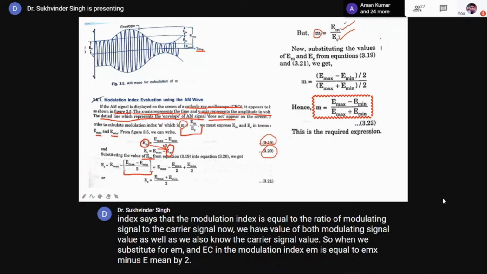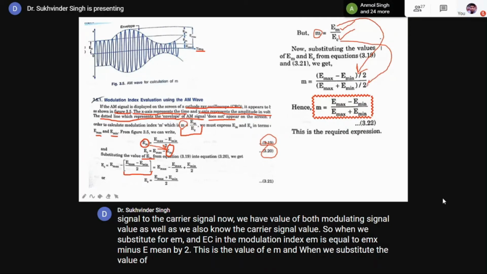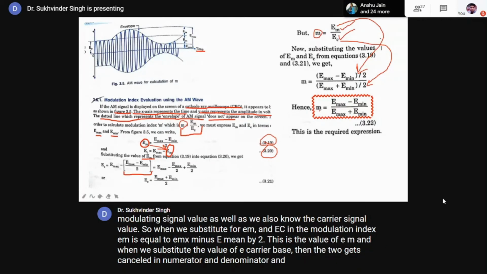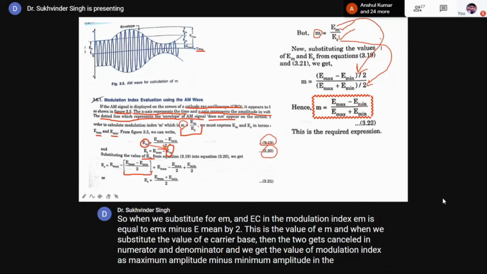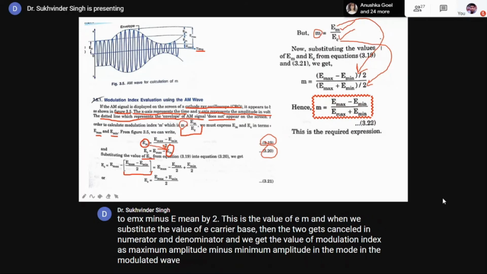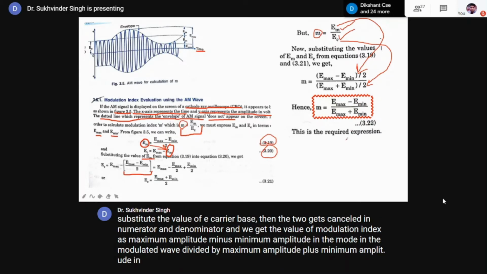This is the value of EM, and when we substitute the value of E carrier wave, then the 2 gets cancelled in numerator and denominator, and we get the value of modulation index as maximum amplitude minus minimum amplitude in the modulated wave divided by maximum amplitude plus minimum amplitude in the modulated wave.